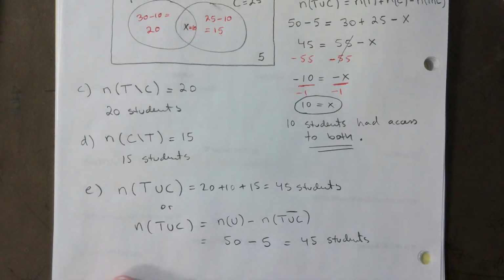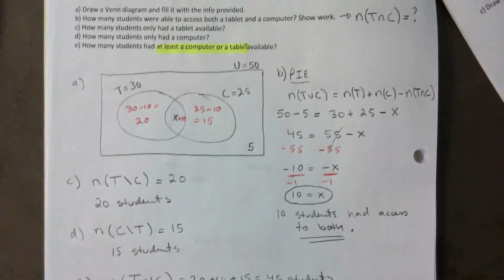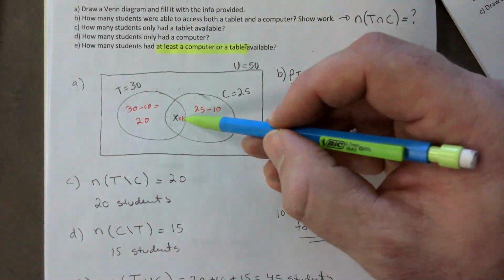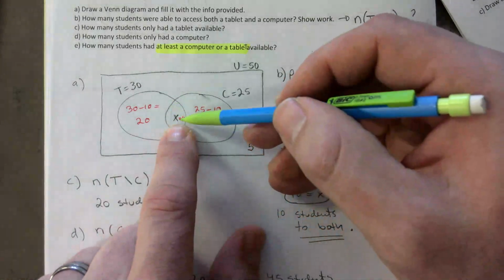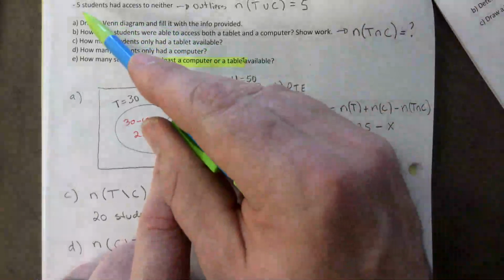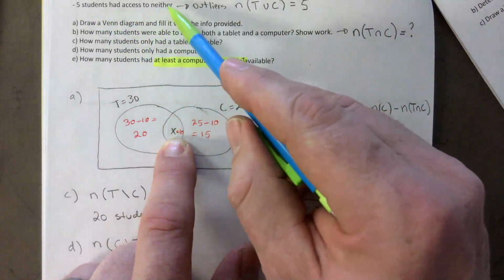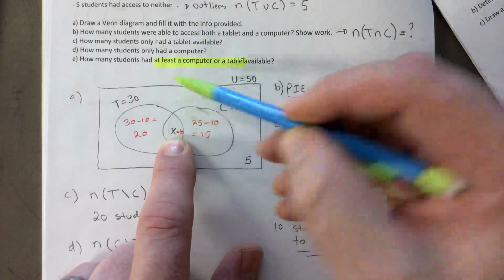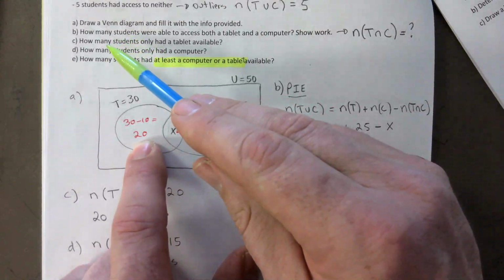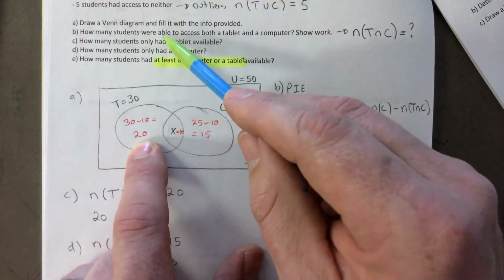Well, listen carefully, it could be that the question flat out gives you the middle. It just flat out gives you this. So they could have said 10 students had access to both. Oh, that number goes here. It could have said 20 students had access to only a tablet.